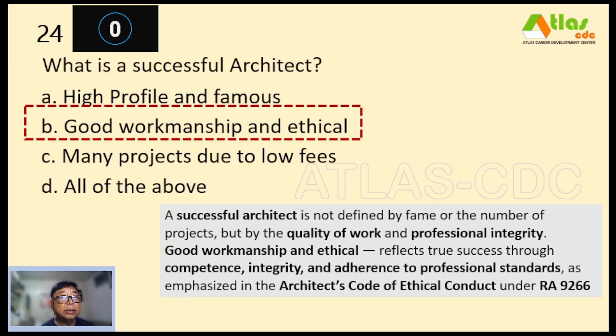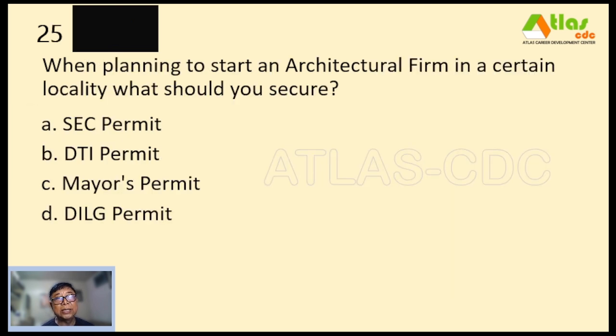So, successful architect is not defined by fame or the number of projects, but by the quality of work and professional integrity. Good workmanship and ethical reflects true success through competence, integrity, and adherence to professional standards, as emphasized in the Architect's Code of Ethical Conduct under RA 9266.